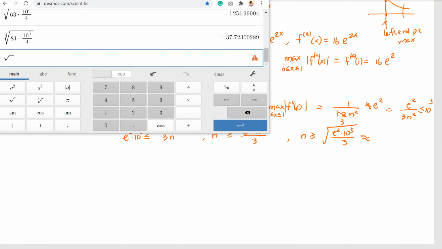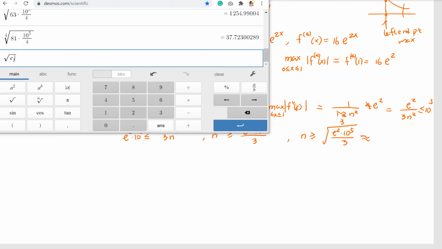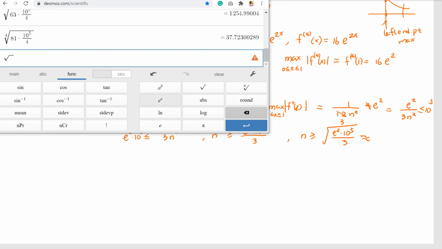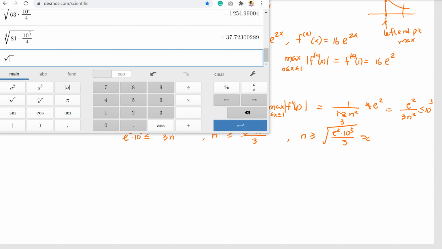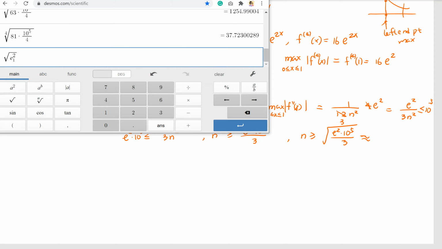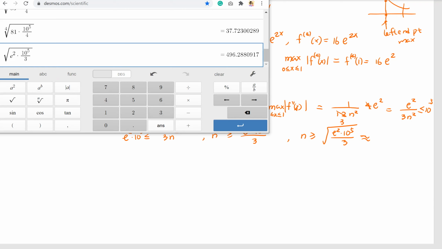Let me find e to the 2 on the calculator, then times 10 to the 5th, over 3.